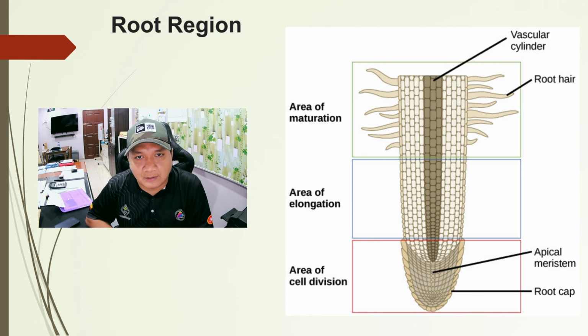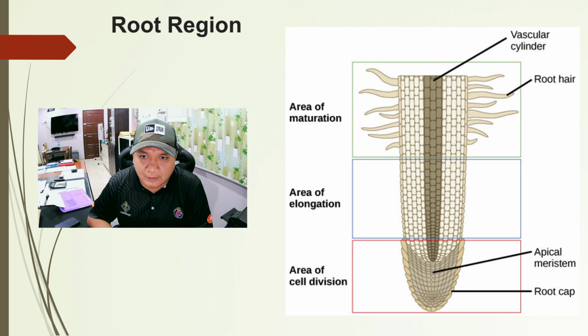Okay, next, this is root anatomy. We have many root anatomy parts. Examples are epidermis, root hair, endodermis, vascular cambium, and many more. We also have the parts of the taproot. We have primary root, secondary root, tertiary root, and quaternary root.